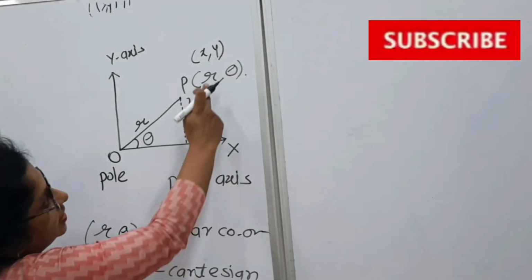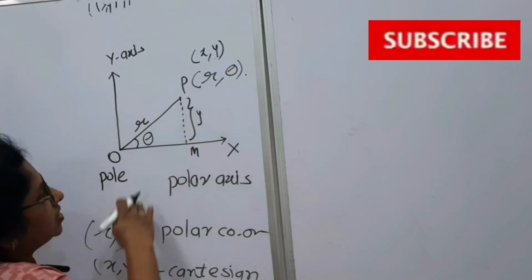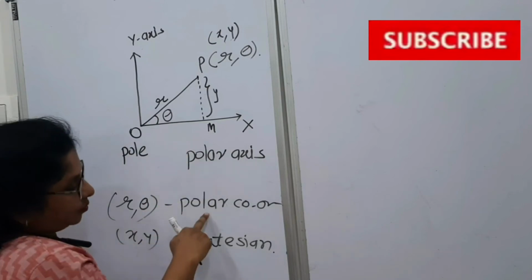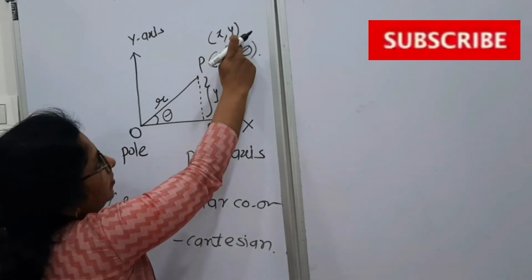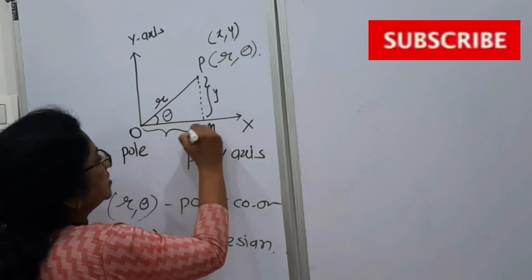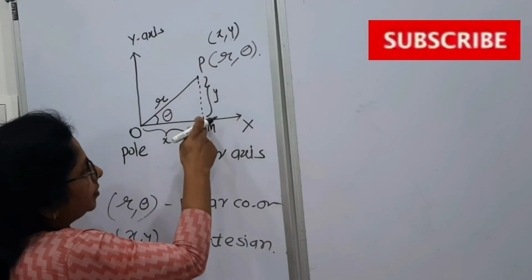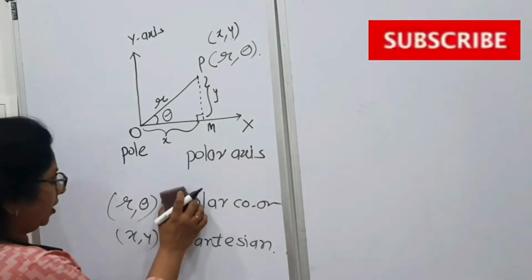Okay, we will consider x, y as the Cartesian coordinates of this point, and we have just seen that r and theta are the polar coordinates of the same point. Okay, so this distance is y and this distance is x. And we have said already that this is a perpendicular. It means this is 90 degrees. Okay.